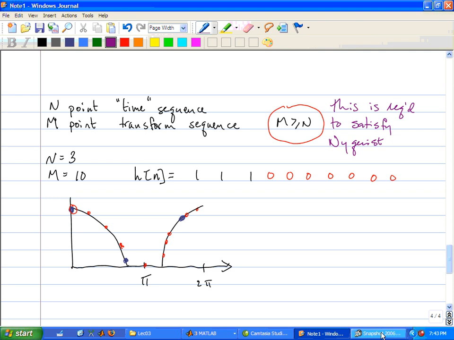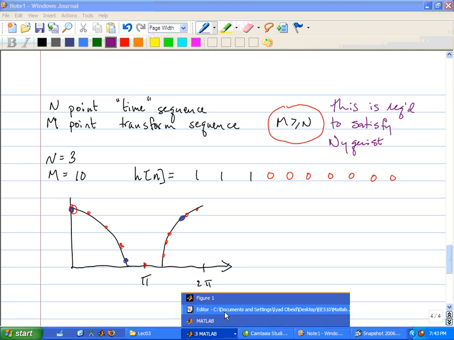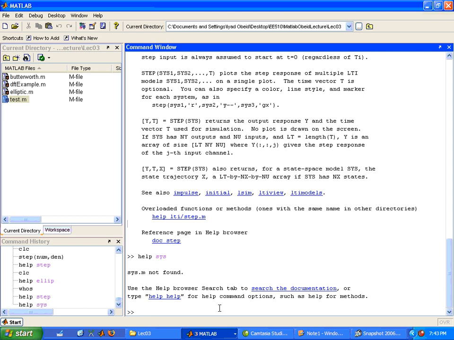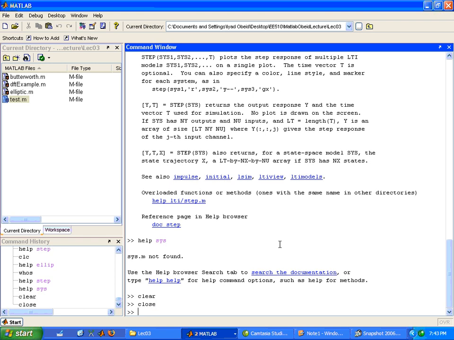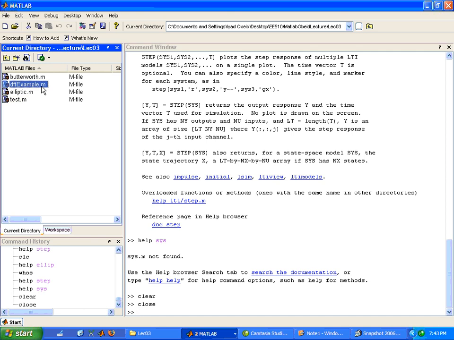All right. Let me show you some examples in MATLAB. Are there questions so far? This stuff's kind of cranky. I think it's easiest just to do with actual examples. So clear, close.